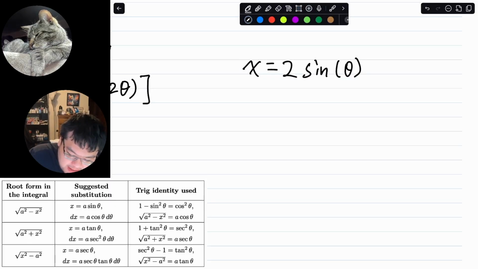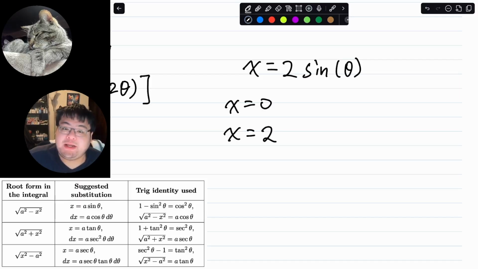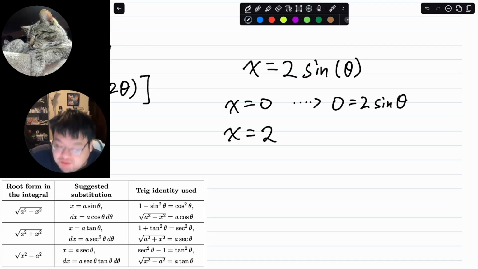We have x equals 0 and x equals 2, right? So if we plug into the equation, we have 0 equals 2 sine theta. So sine theta is 0. So when will sine theta be 0? When theta is 0, right? So the lower bound in theta will become theta equals 0.